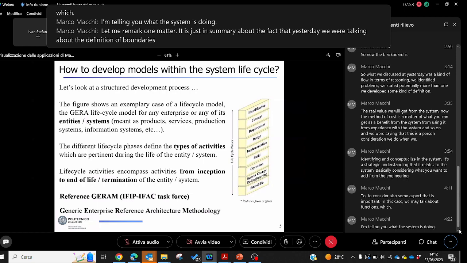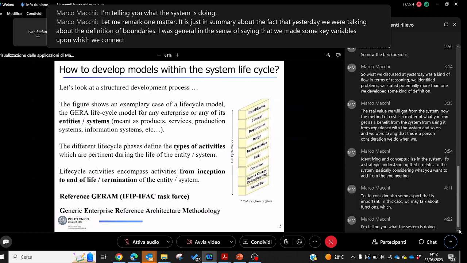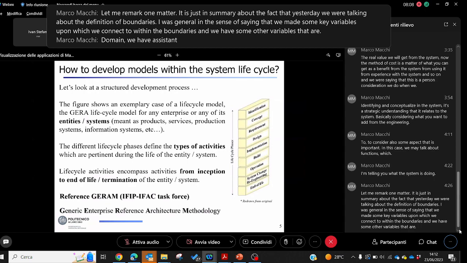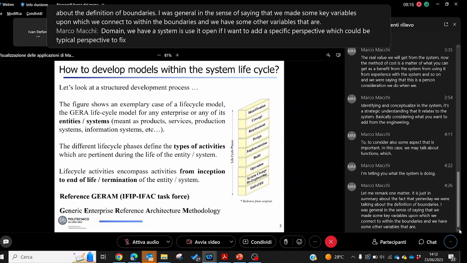I was general in the sense of saying we may have some key variables upon which we can act within the boundaries, and we may have some other variables that are part of the environmental domain where the system is used to operate. If I want to have a specific perspective, which could be a typical perspective to fix a boundary, we can fix boundaries in terms of functions that the system is doing. So the variable is the functionality.